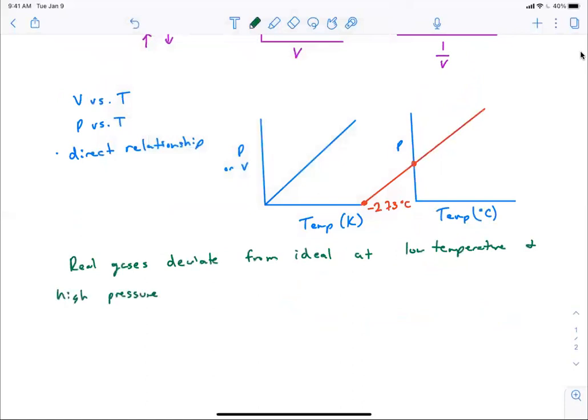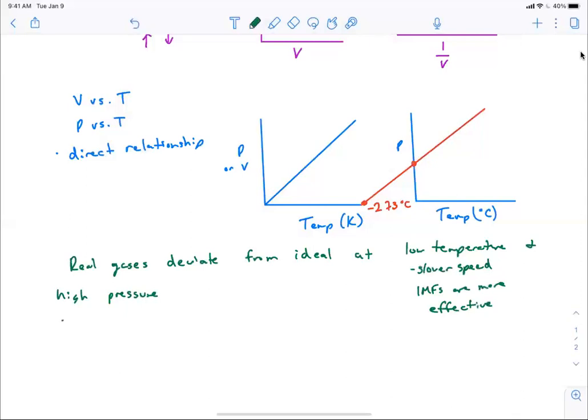And why that is because low temperature means slower speed, which means IMFs are more effective, meaning that the forces of attraction between the molecules and repulsion are more representative in that scenario because the molecules are passing more closely to each other. The gas particles are interacting with each other for longer periods of time, so the attractions and repulsions are actually more effective.